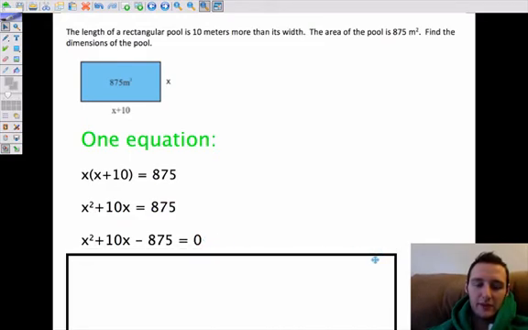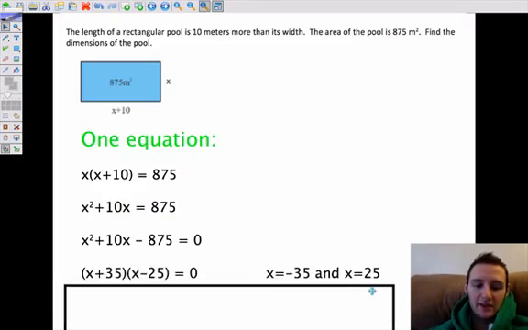Then you can go ahead and factor. So we'll factor and get x plus 35 times x minus 25 equals 0. So our two solutions are x equals negative 35 and x equals 25.